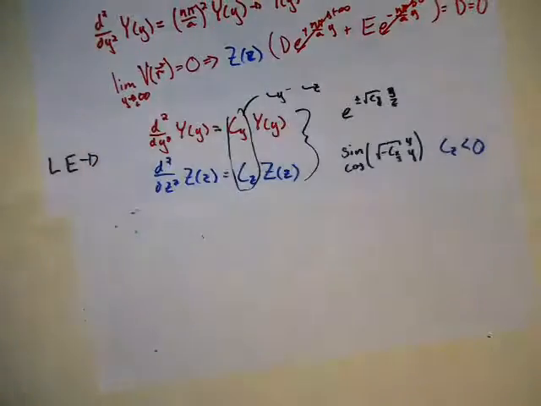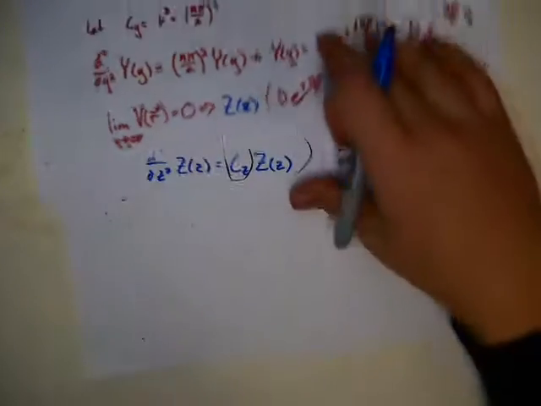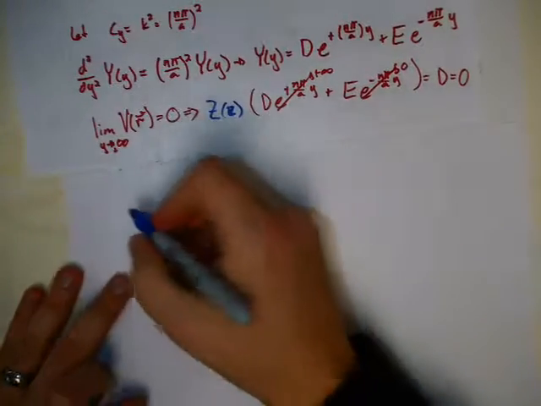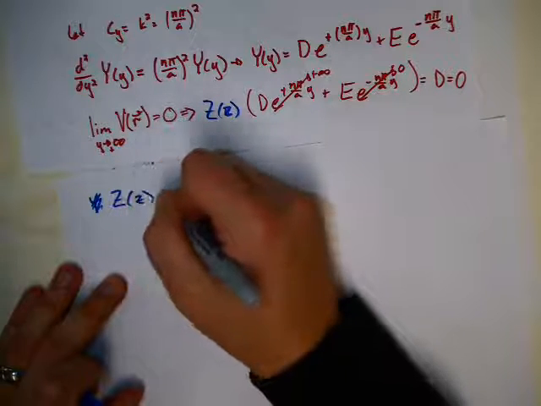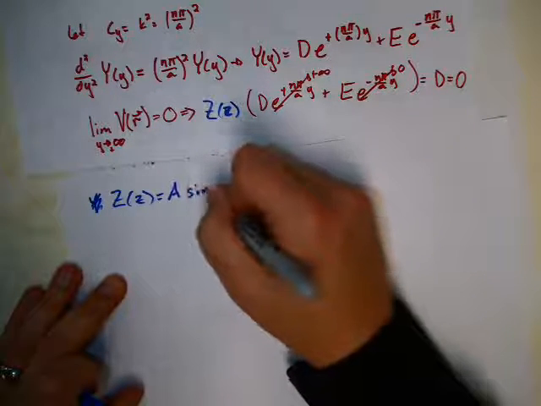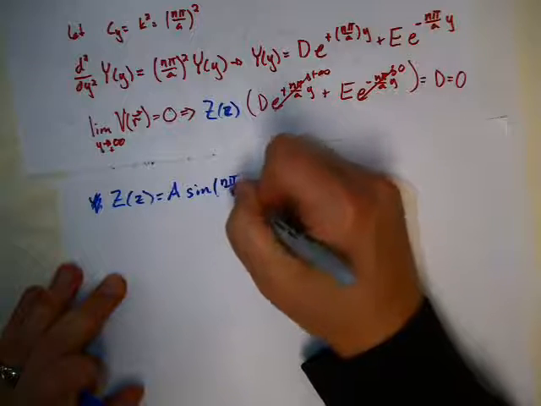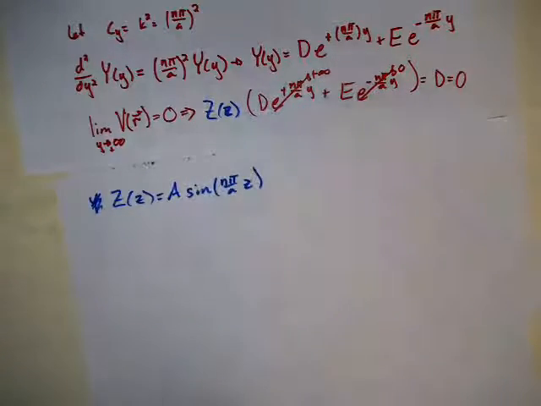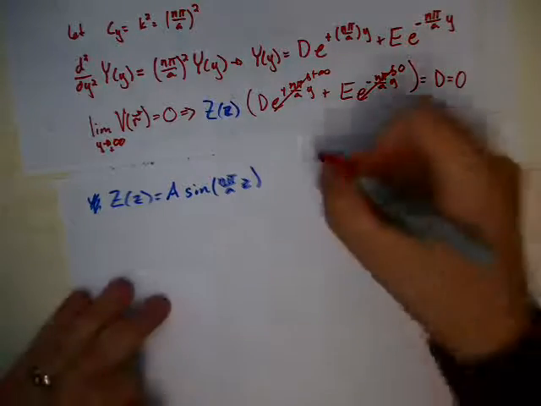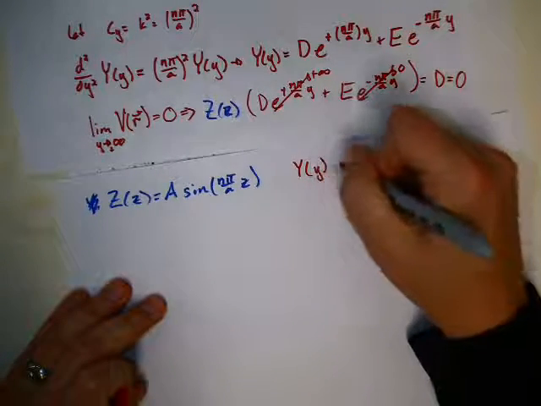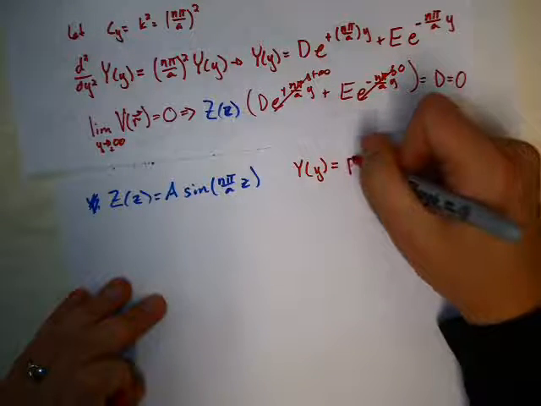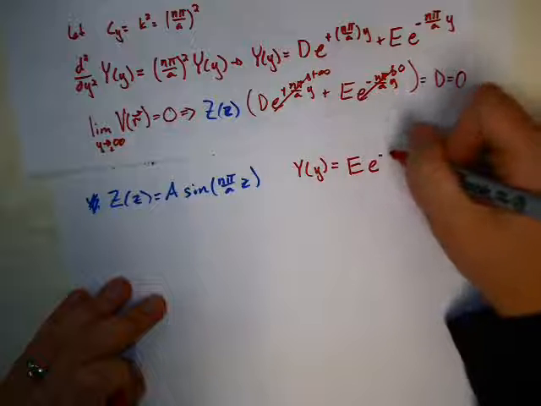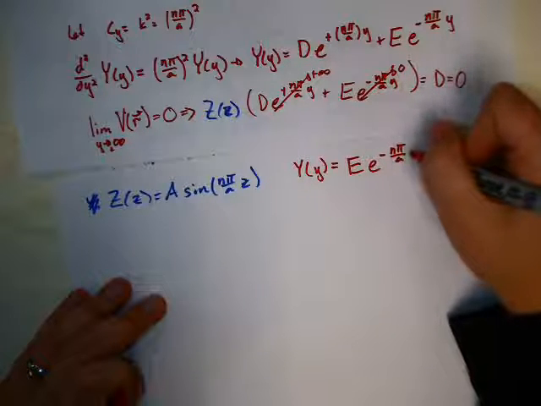We're going to start off with capital Z as a function of z is a sine of n pi over a z, and we have so far that capital Y as a function of y is e exponential of minus n pi over a y.